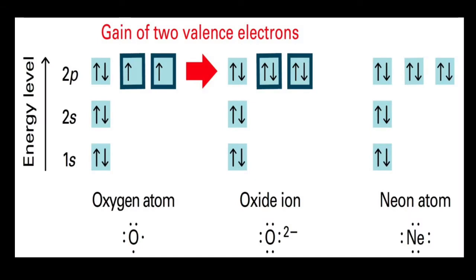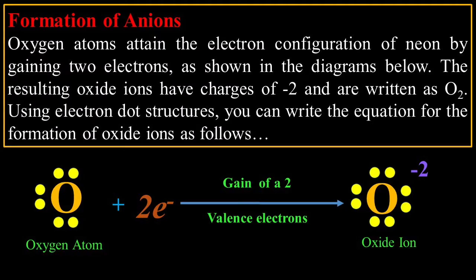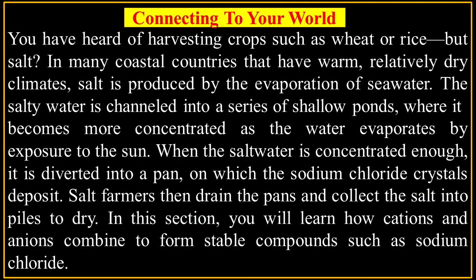The oxygen is going to gain 2 electrons, and then you have the -2 charge. The resulting oxide ions have charges of -2 and are written as O2-. Using electron dot structures, you can write the equation for the formation of oxide ions as follows, and everything is right there. Very, very simple.